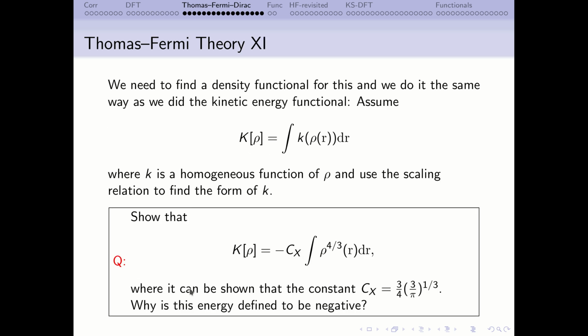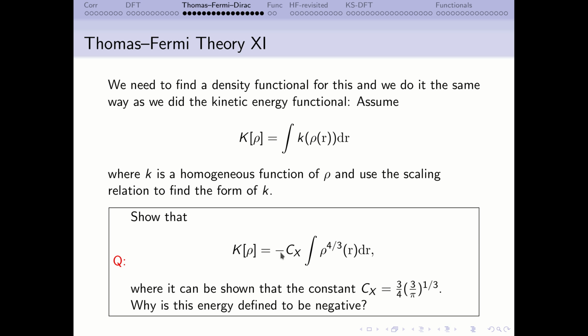Now, it can be shown that if you make the same assumption, that K is the integral of a homogeneous function of the density, you can use exactly the same arguments we've used with the kinetic energy to show that K is minus Cx. We don't know what Cx is, but we know it's positive, and there's a negative sign here.